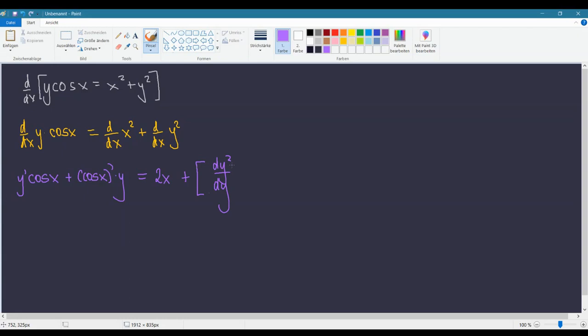So we're going to differentiate y squared with respect to y and multiply it by dy/dx. And this is just the chain rule. So y is the inner function, and squaring is the outer function.